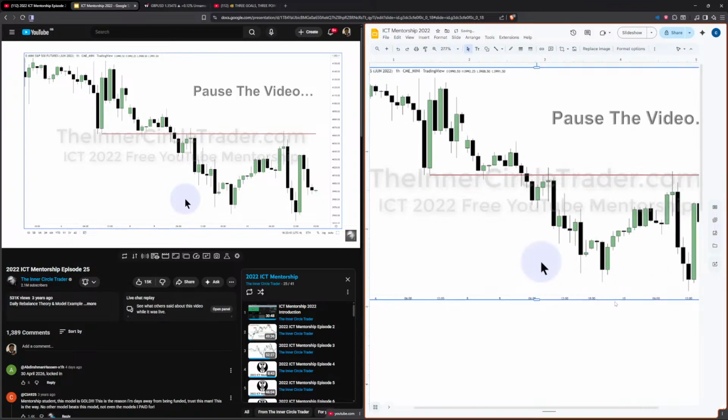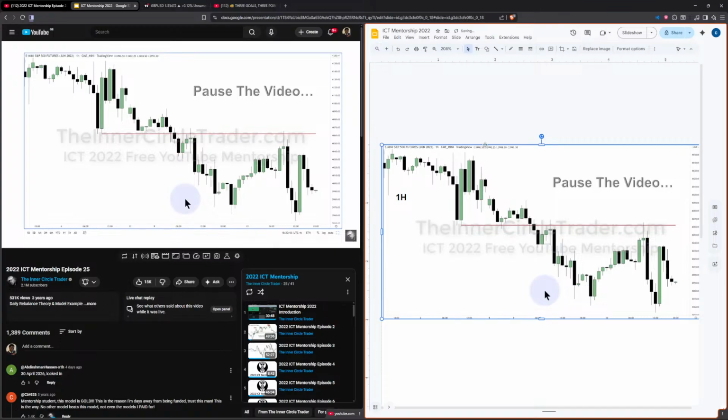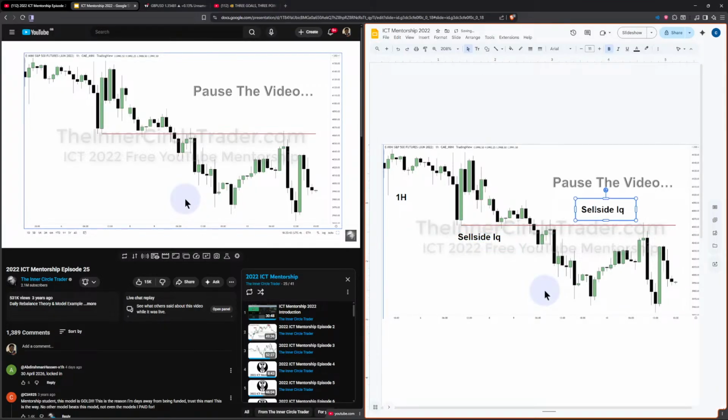So that does check out. We'll add notes so that you guys can know. This is sell side, and then this is buy side. So it was sell side, and got turned into buy side.